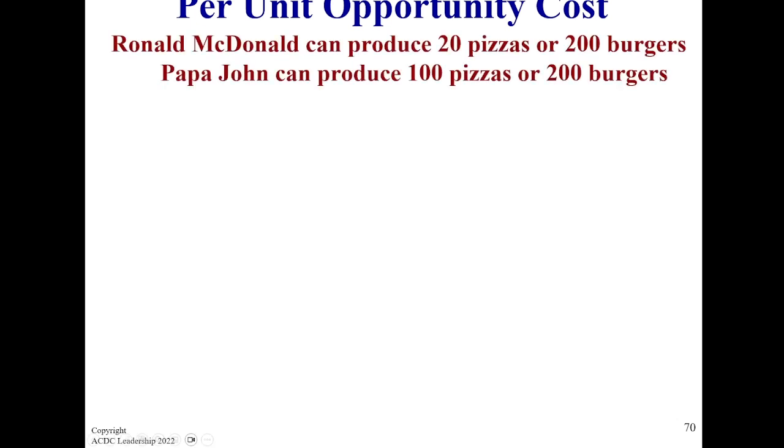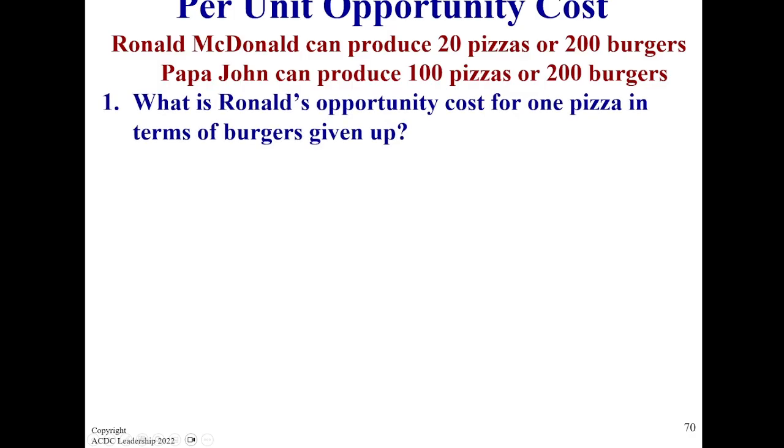So in this case, Ronald McDonald can produce 20 pizzas or 200 burgers. And these are 2 points on the PPC. Like this is the y-intercept and this is the x-intercept. And same for them. So their graphs will look like this, right?